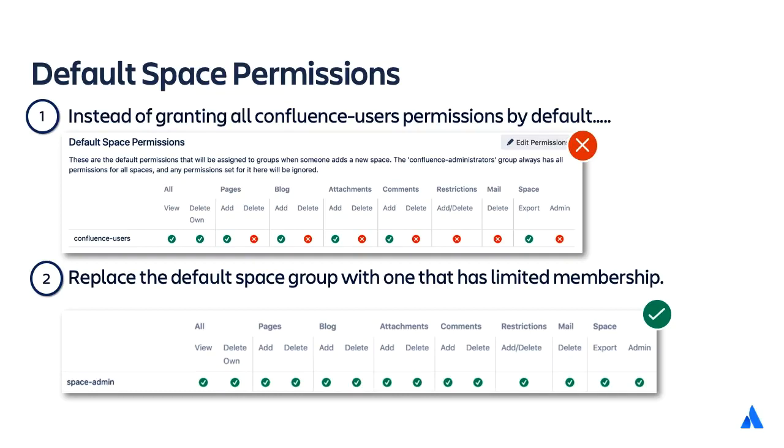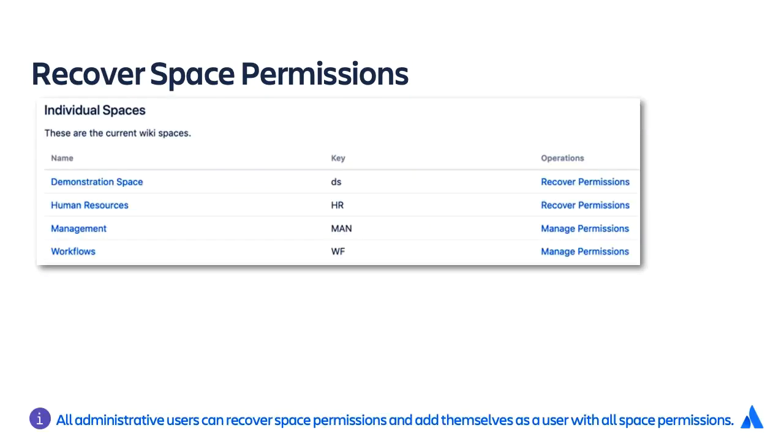And while we're talking about default space permissions, let's talk about something that administrators can do from the default space permissions administration panels, which could present a security risk. We alluded to this earlier, where we talked about the Confluence administrator permission and access to content. As we know, members of the Confluence Administrators Group can access all content regardless of permissions or restrictions.